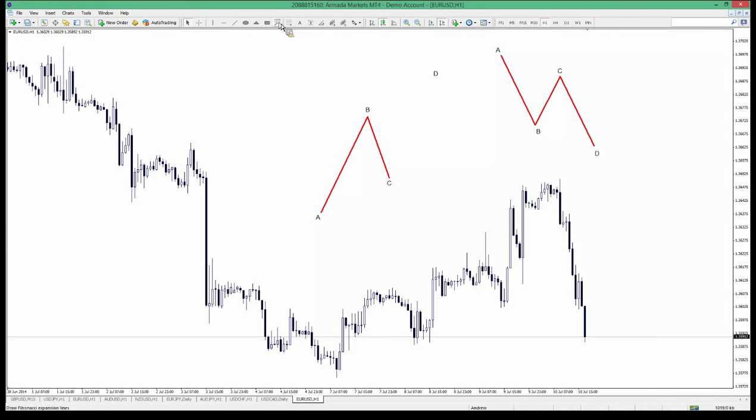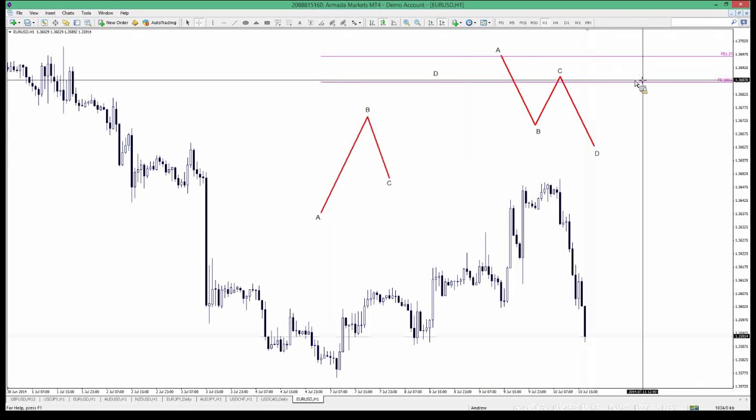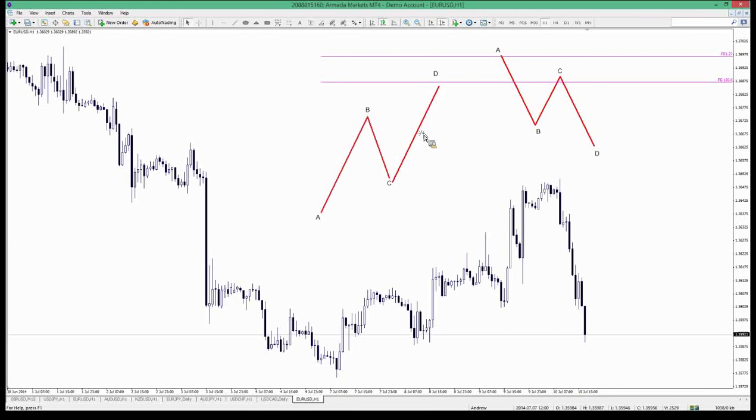Once again, fib expansion tool, draw from A up to B, double click on that, and we just move it down to point C, and you see it gives this pink line here. So we copy this red line, and you'll see it's exactly the same. Either or, whatever's easiest for you.